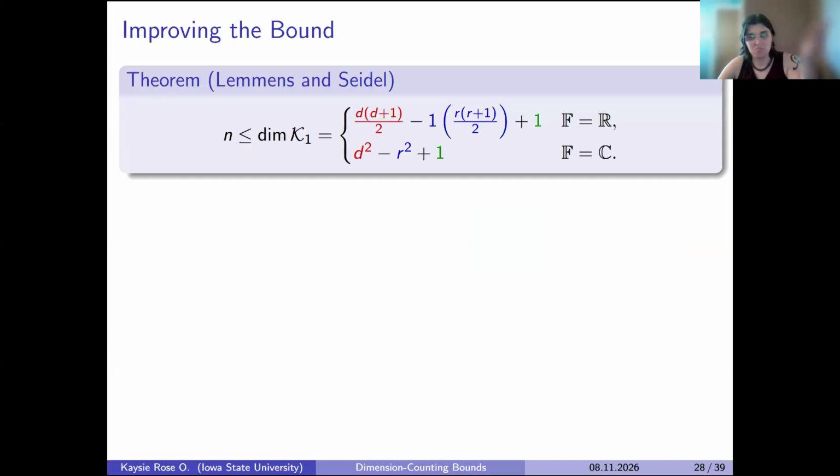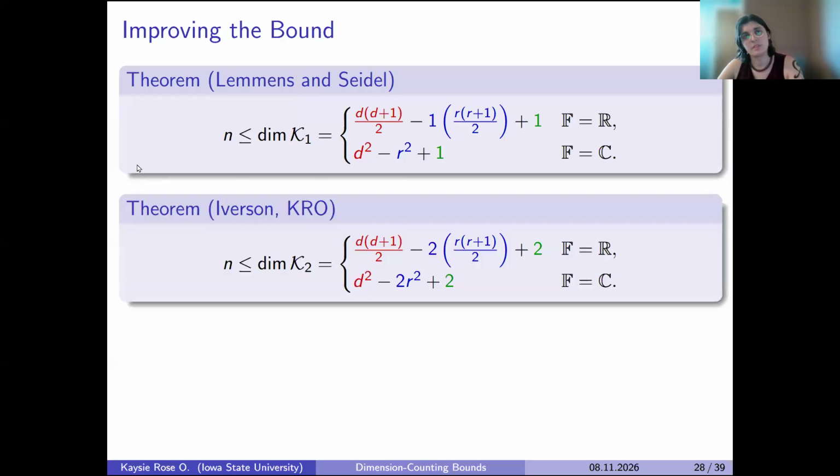Let's look at the bounds we get. This is the Lemons and Seidel bound, the dimension of K1: red minus blue plus green. The dimension of K2 is red minus twice the blue part plus twice the green part.